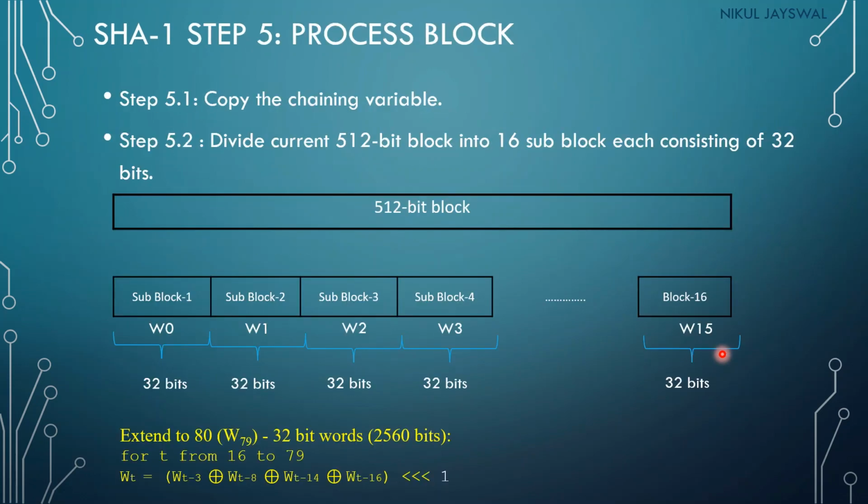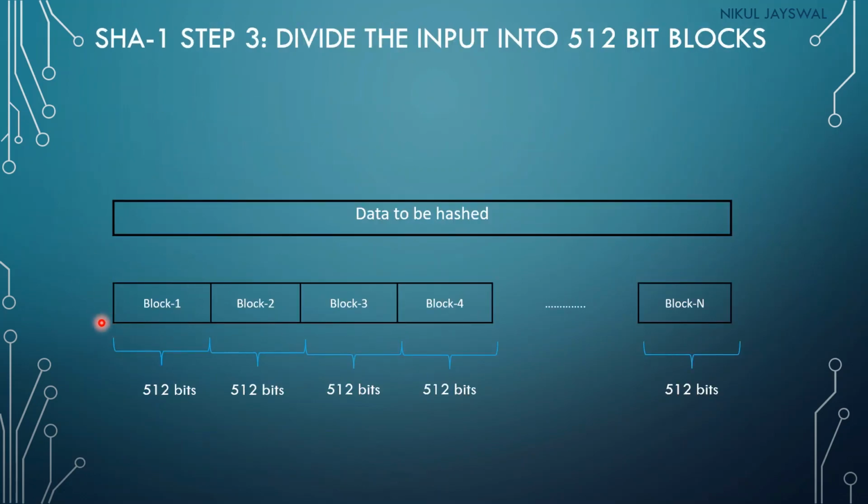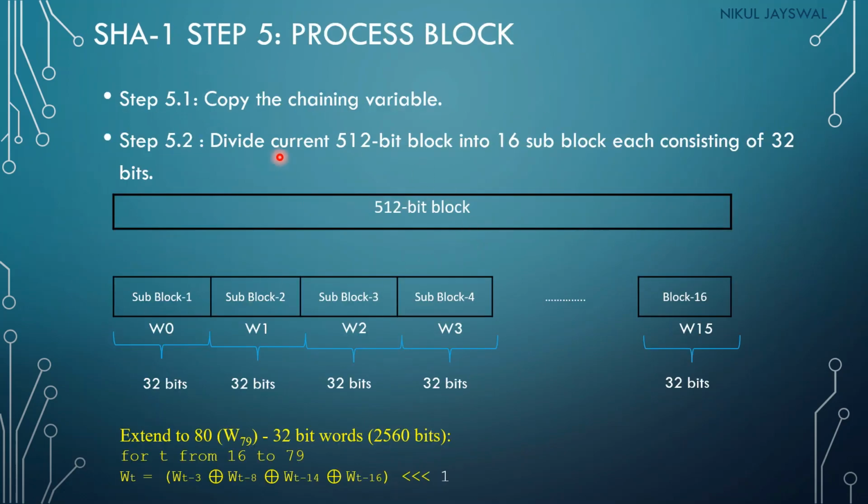Clear? Now we will take the first block. This is our first 512-bit block, and we will divide this block into 32-bit words. Now we will take word 0 as 32 bits, word 1 32 bits, word 2 32 bits. So it will be a total of 16 words, from word 0 to word 15.